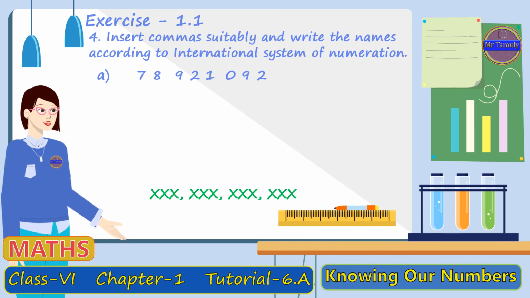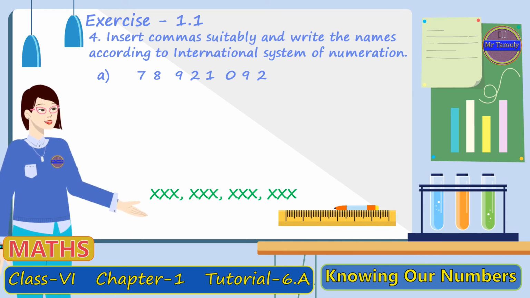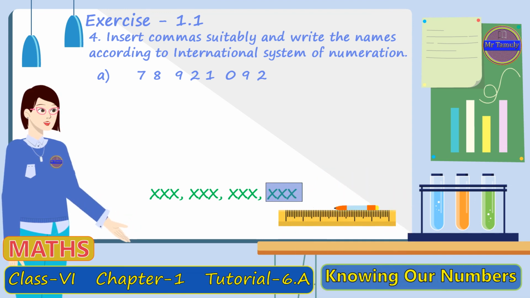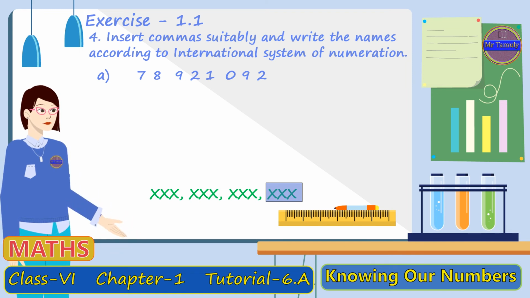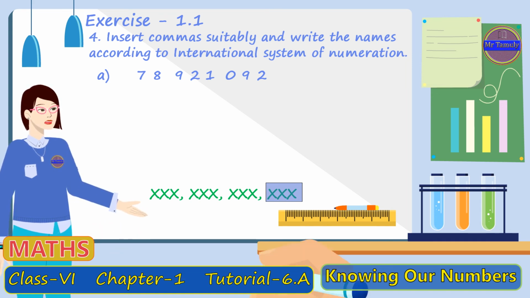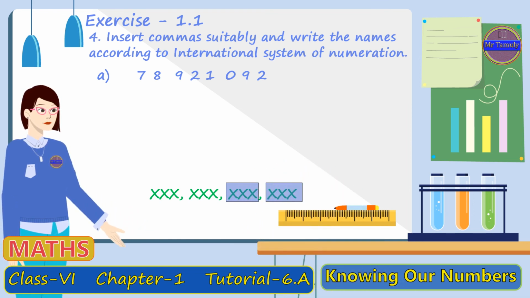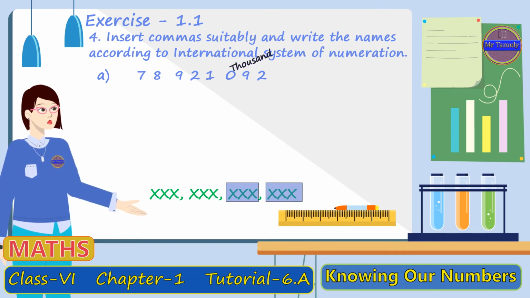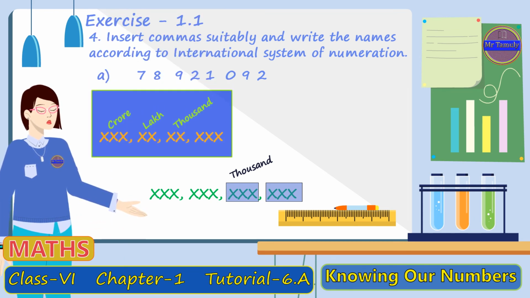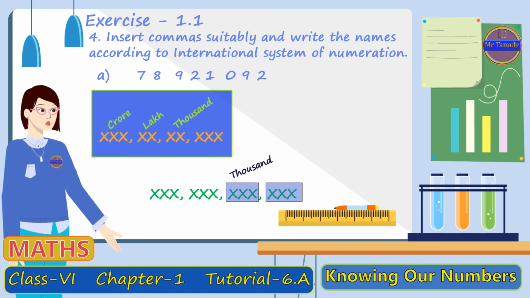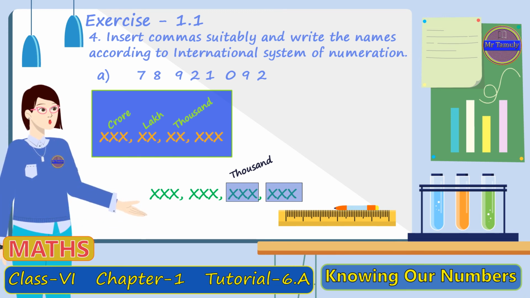As we move from right to left, the first comma appears after the first 3 digits. These 3 places, as we know, are 1, 10 and 100. The next comma appears after the next 3 digits. Together these 3 digits have the name thousand in the international format. You may recall that in the Indian format, the 4th and the 5th digits together have the name thousand.